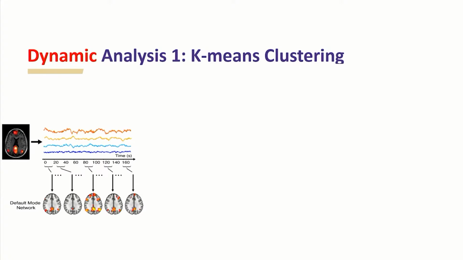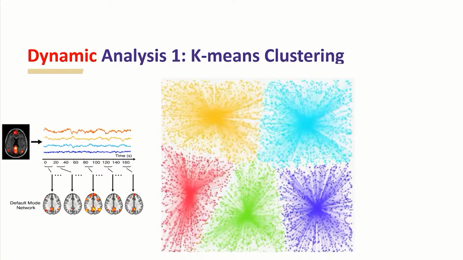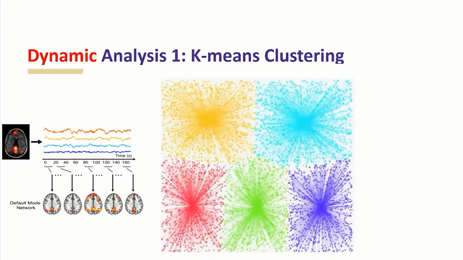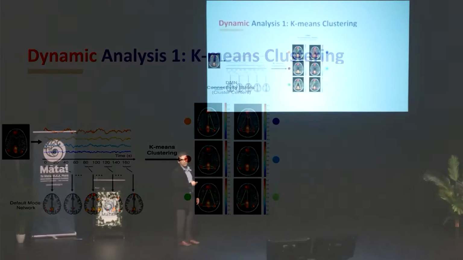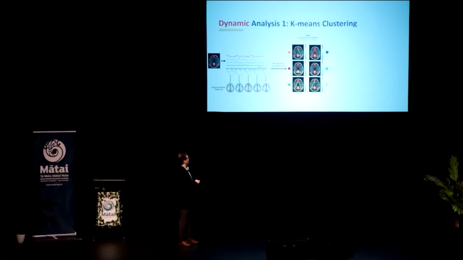One thing that we can do is, for example, get these individual maps and using machine learning and clustering techniques, divide them into different states. So basically, we assume that during the scan time, the brain switches between different states, and that's how we characterize the dynamics of the system.